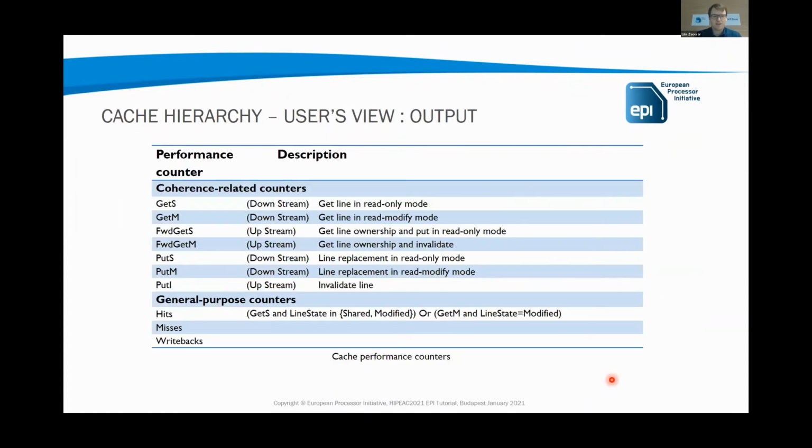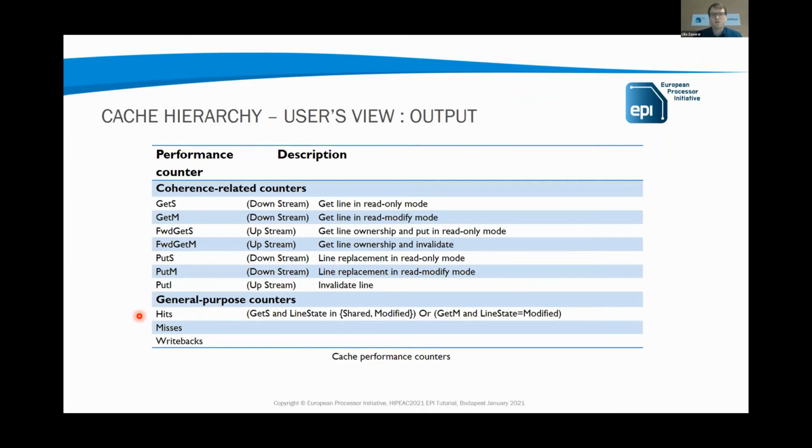In terms of statistics provided to the user, you would get all the statistics relative to coherence-related messages. So this would provide a detailed view on coherence impact on the simulation. We would also provide some more general purpose counters based on this more detailed statistics, such as hits and misses in the memory hierarchy.